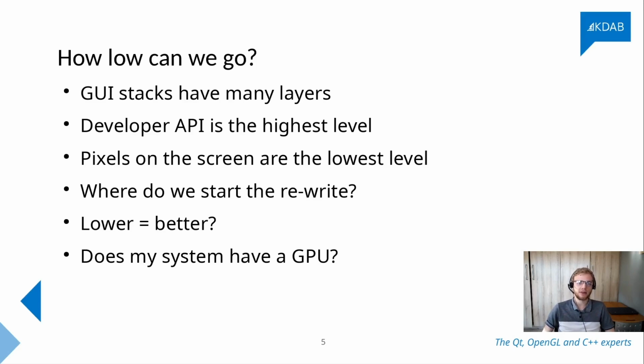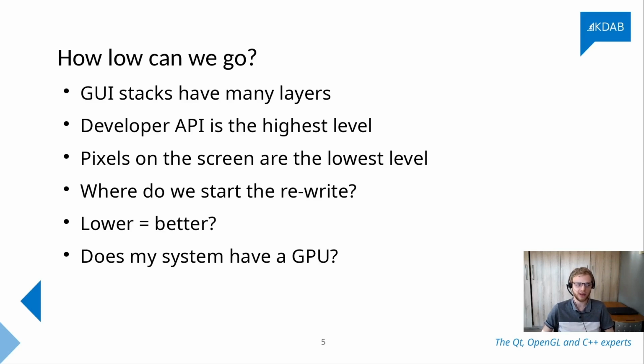So let's first just talk about, what is the GUI stack? And I think we can all agree that the topmost layer in the GUI stack is really going to be the API that you give to developers. Any higher than that, and you're in a specific application. So that's not in the GUI stack anymore. And then I think we can all agree that the physical pixels on the screen are the lowest level.